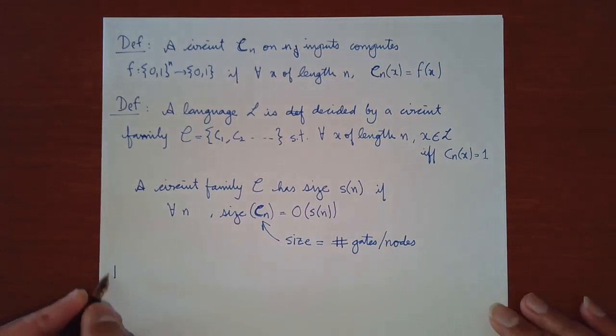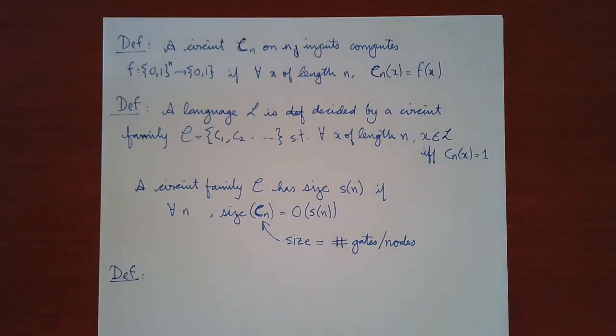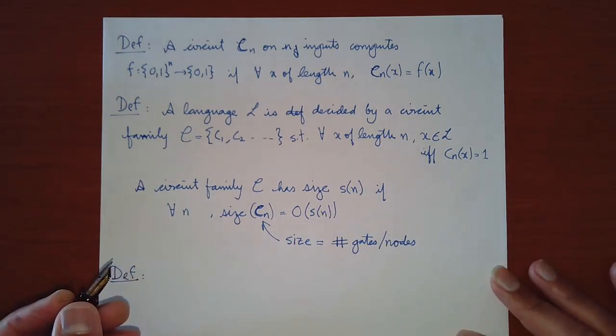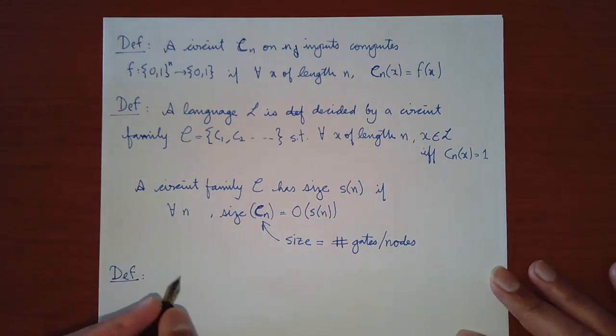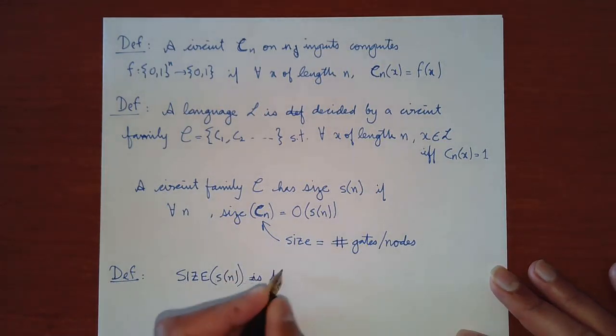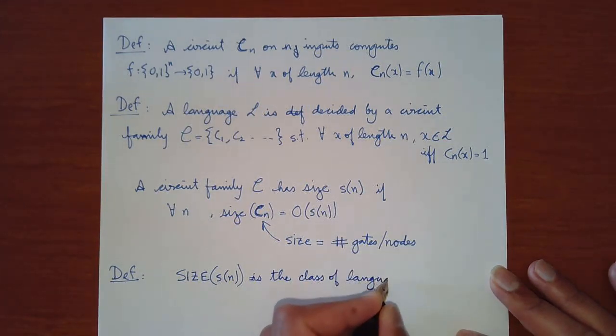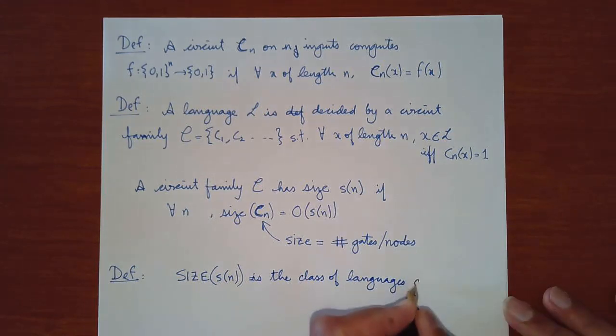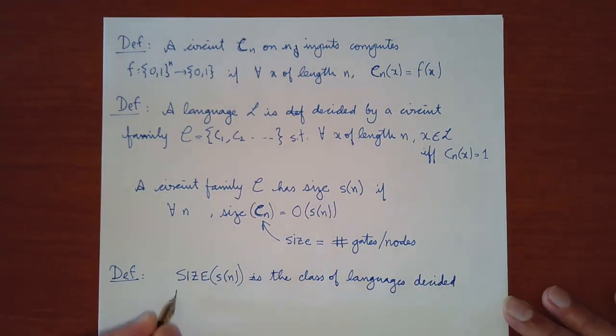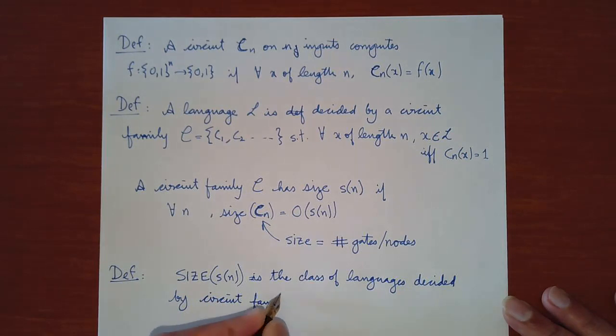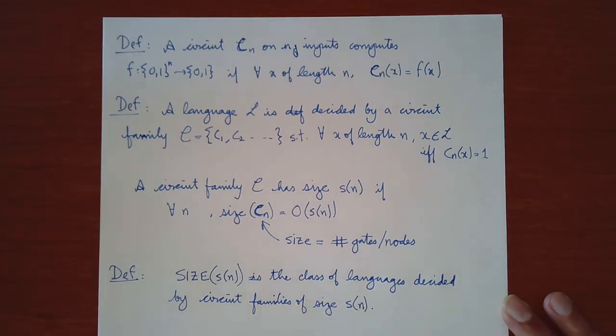And this gives one of the crucial notions here, which is we'll define SIZE of S of n to be the class of languages decided by circuit families of size S of n, so obviously.